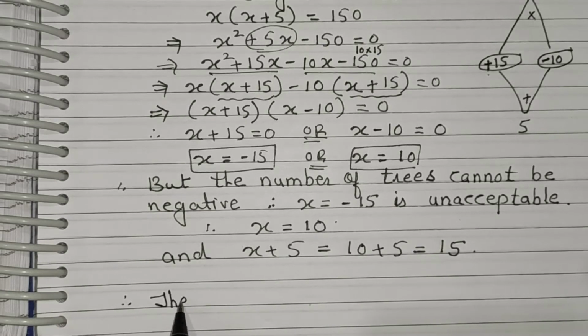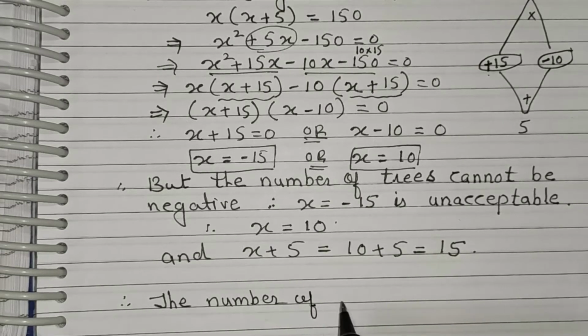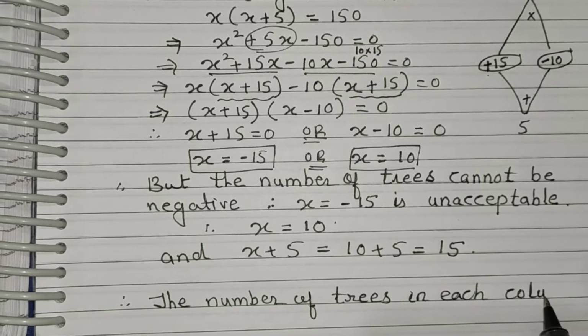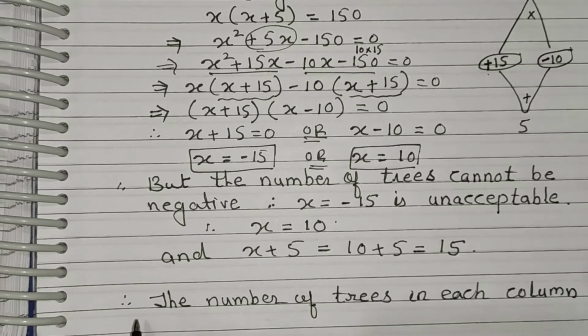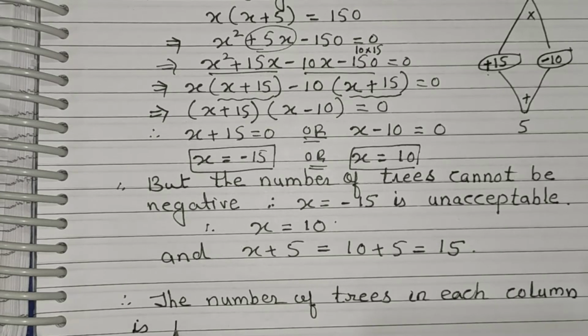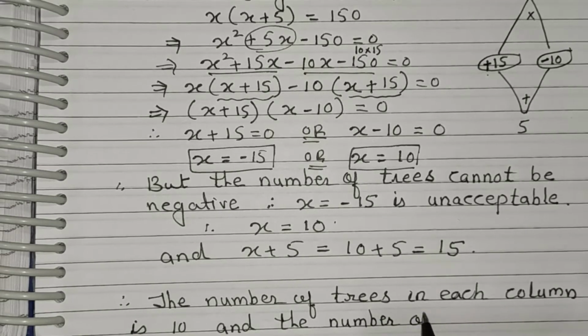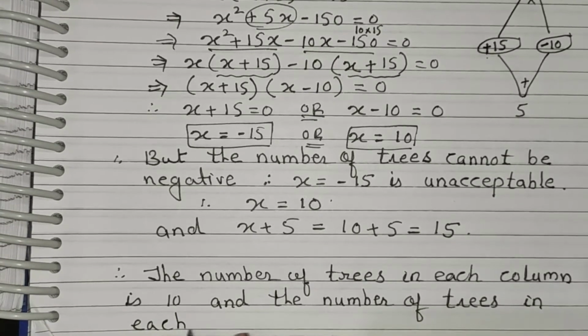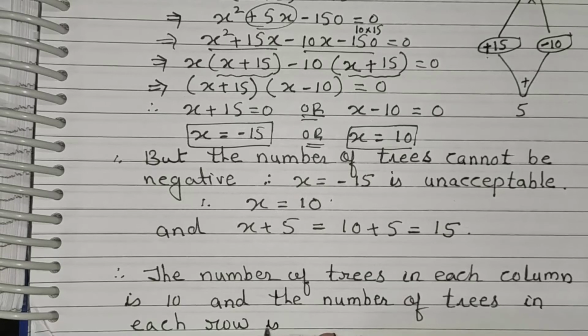The number of trees in each column is 10, and the number of trees in each row is 15.